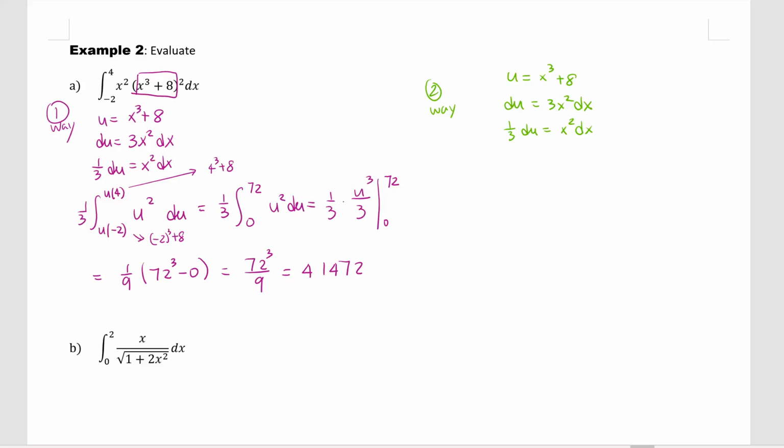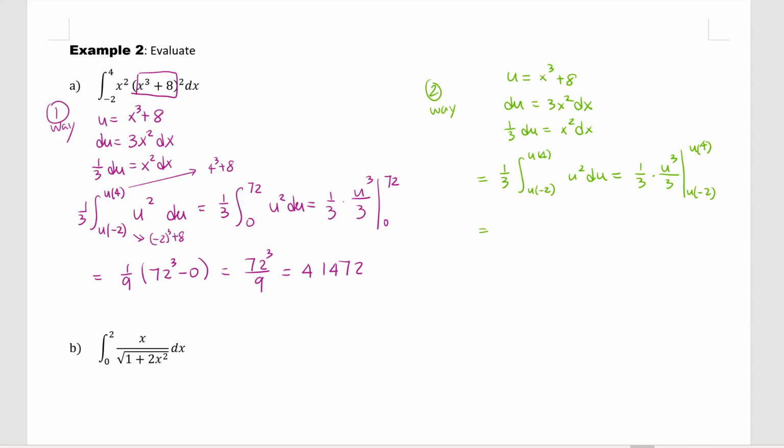So you get the integral equals 1/3 times the integral from -2 to 4 of u squared du. Here, don't change the limits to u values. The integral of u squared is u cubed over 3, and then we have the limits -2 and 4.